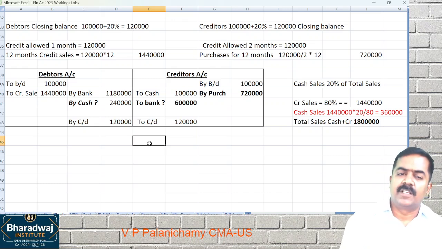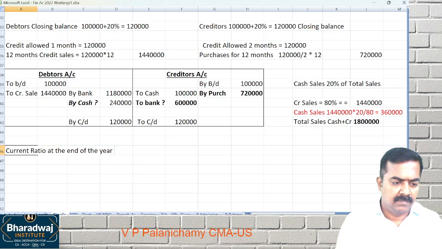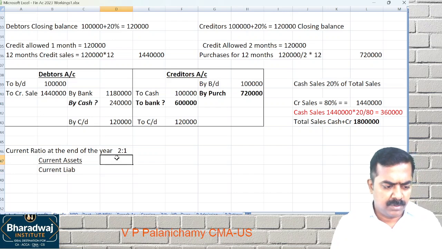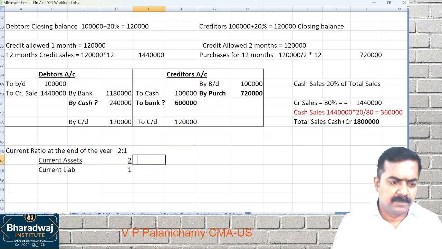Current ratio என்ன சொல்லியிருக்காங்க? Two is to 1, na current assets divided by current liabilities. இந்த questionல என்னென்ன current assets possible?